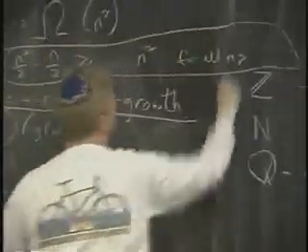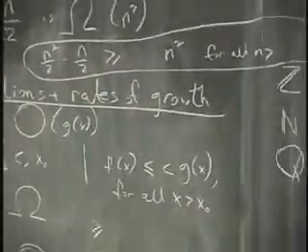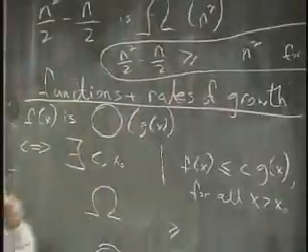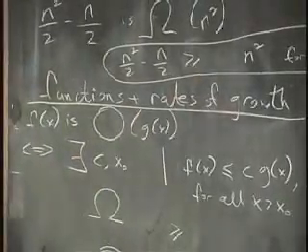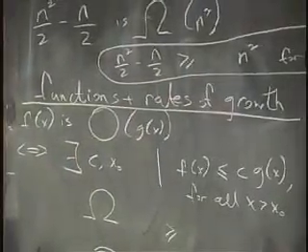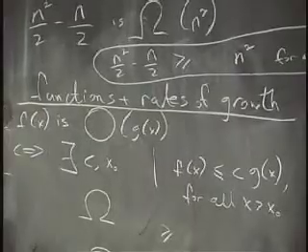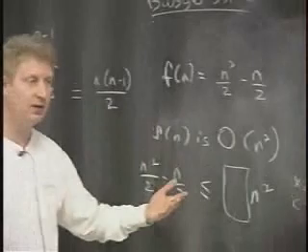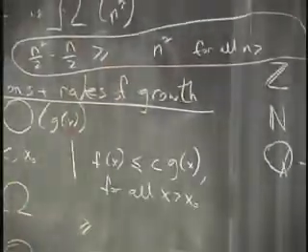This is what we have to do. For me to show you that this is omega n squared, I have to show you that this function is bigger than something times n squared for all n past a certain point. Well, it's not going to be bigger than 1 times n squared because it was less than 1 times n squared. So to show that it's bigger than something times n squared, you better use a smaller number than 1. So what number is going to work there?